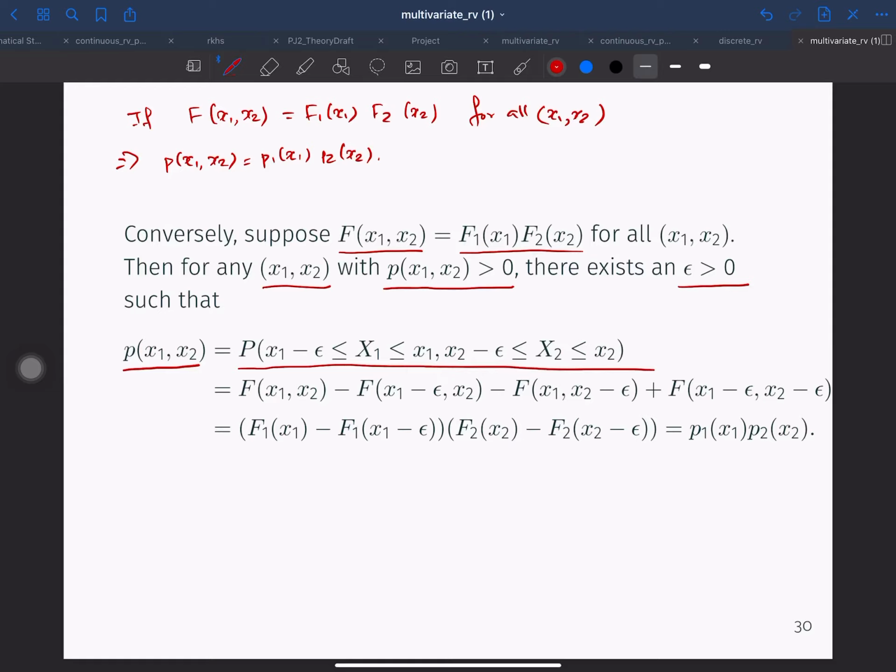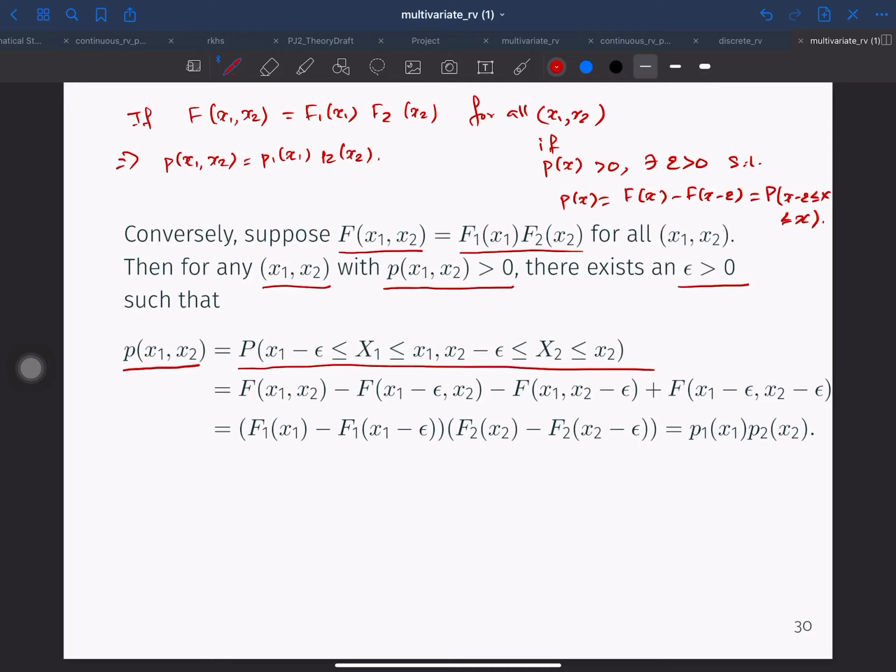This is similar to the univariate case. In the univariate case, if P of x is bigger than 0, then there exists an epsilon bigger than 0, such that P of x is F of x minus F of x minus epsilon, which is the same as the probability that x minus epsilon less than X less than or equal to x.